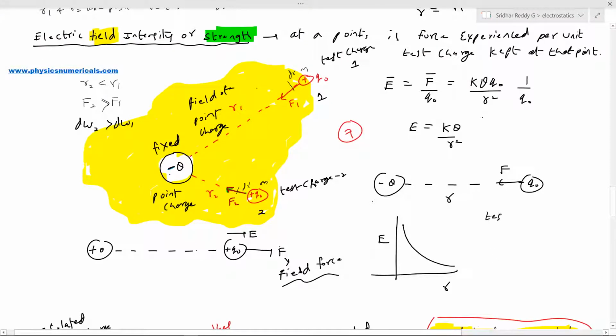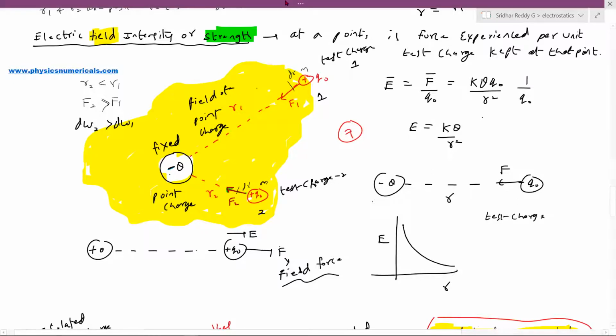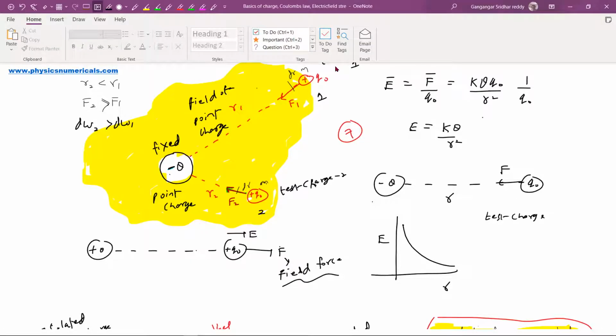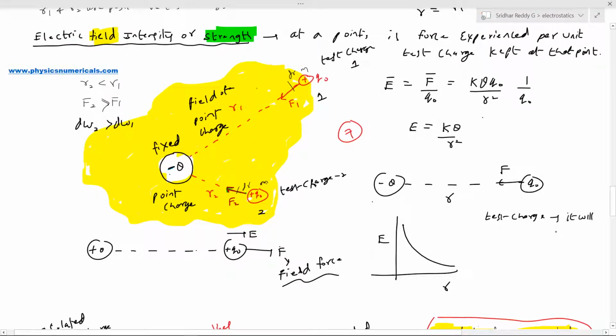A test charge will not produce a field of its own and will have a very negligible amount of charge.